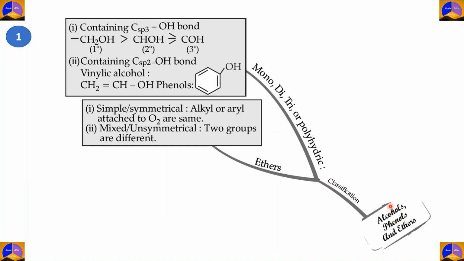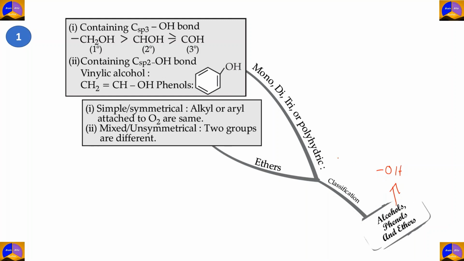So, the first thing we're going to deal with in alcohols, phenols, and ethers is the classification of the 3 compounds. But before we start, let's look at what are alcohols, phenols, and ethers. So, an alcohol is a carbon compound that has OH at one end of the compound.